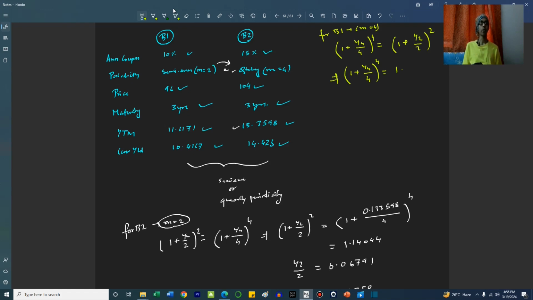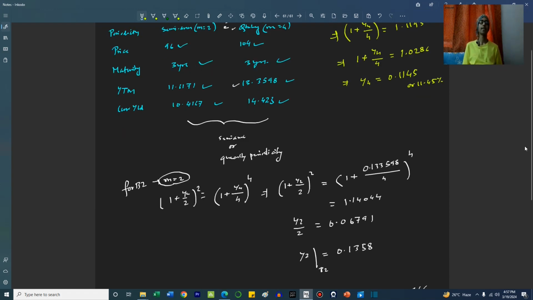This is equal to 1.1195 approximately. So this comes to be 1 plus y 4 by 4 is equal to 1.0286, implying y4 is equal to 0.1145 or 11.45%.